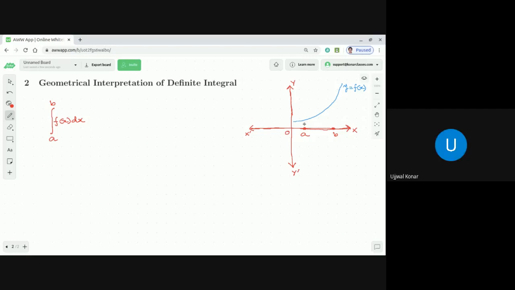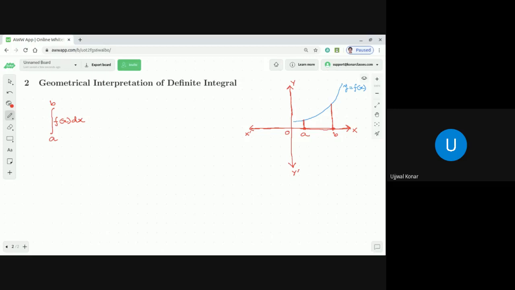Now, as we found 2 points on the real line, we draw 2 straight lines. One at the point (a, 0) parallel to the y-axis, and another at the point (b, 0) parallel to the y-axis. So then we get this straight line, dear students. So what do we get so far? We get the curve y equal to f(x).